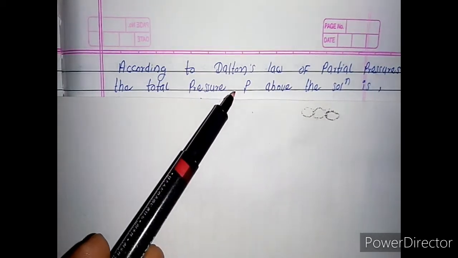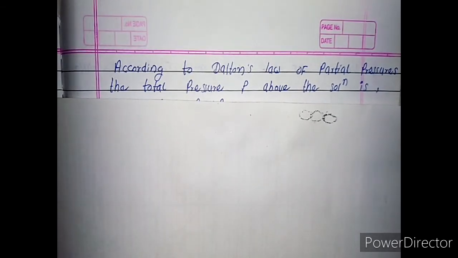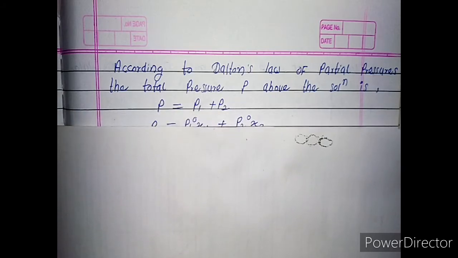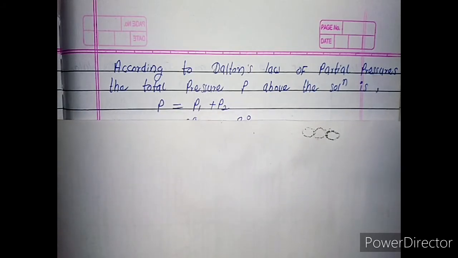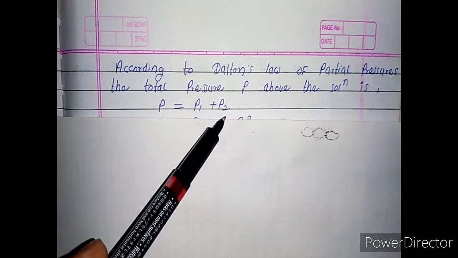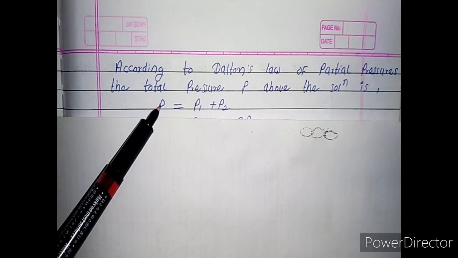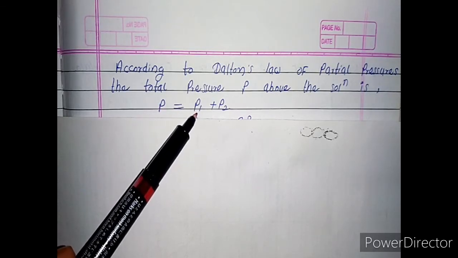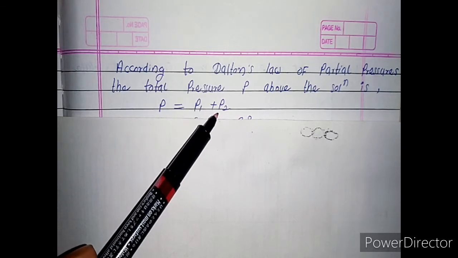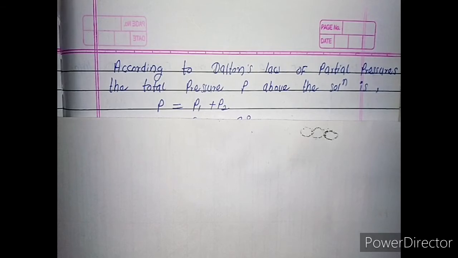According to Dalton's law of partial pressure, the total pressure P above the solution is equal to p1 plus p2, where P stands for total pressure, p1 is the partial vapor pressure of component A1 and p2 is the partial vapor pressure of component 2.